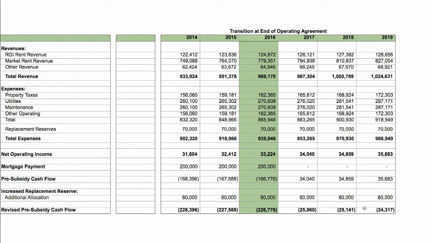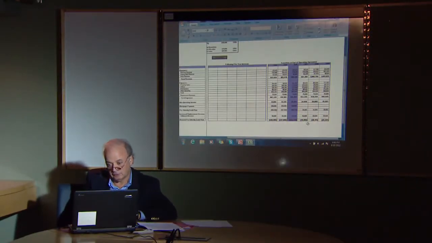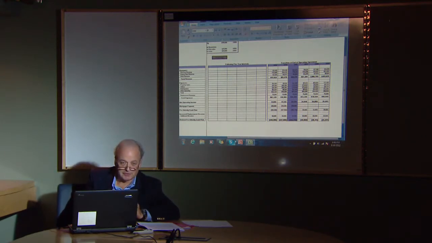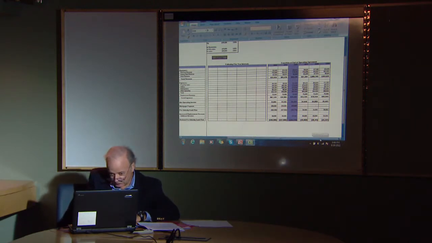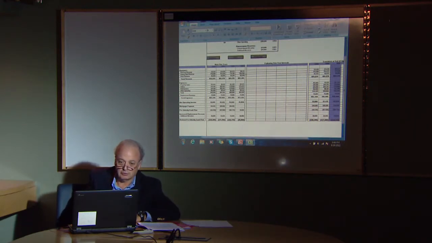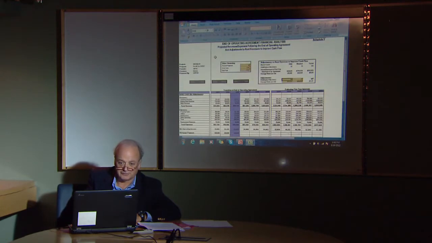This 5-year chunk is the transition period. So it's the years immediately before the expiry of your operating agreement and the years immediately after, and you can see that deficit is carrying forward. Okay? The next page in this is the one that you are going to be using in order to figure out how you fix it.